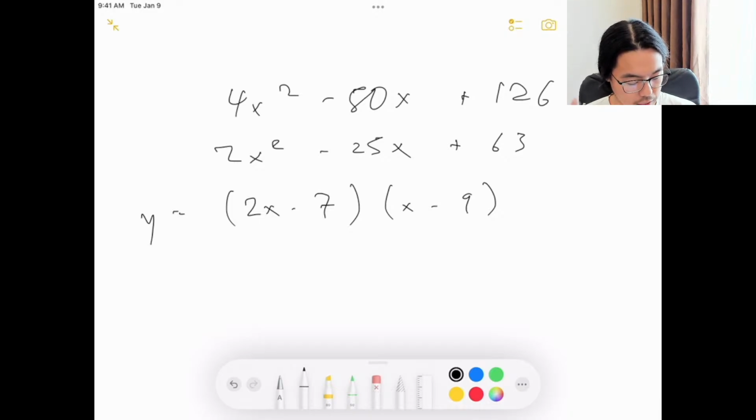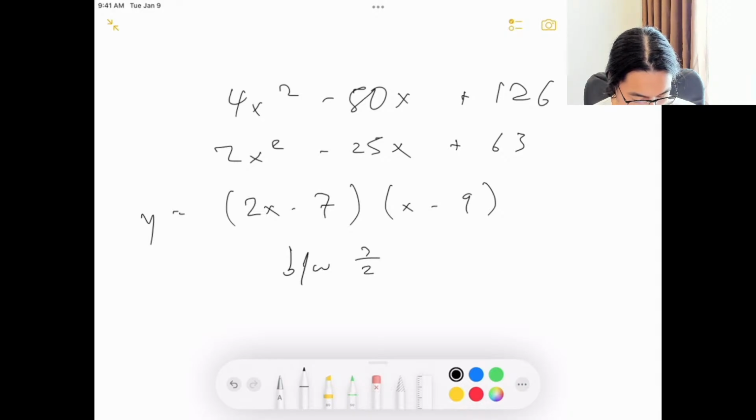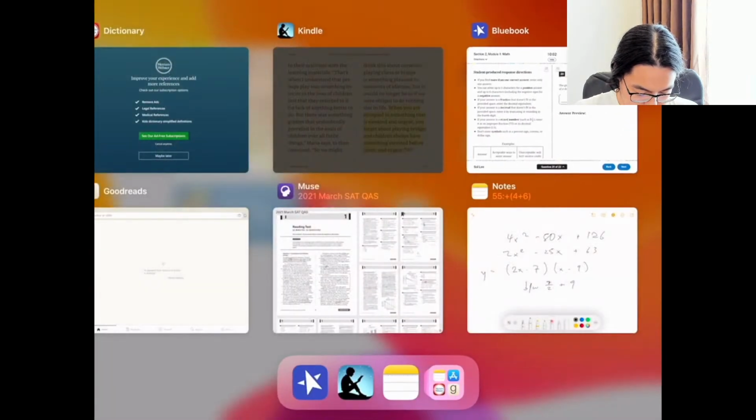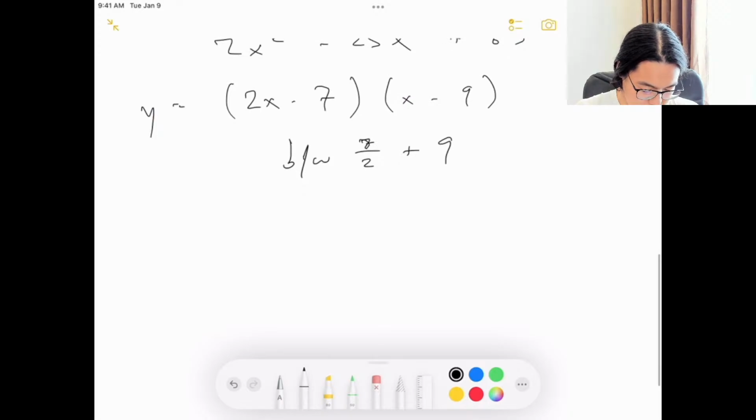This parabola aims upwards, so it's between 7 halves and 9. So now I just need to find a number that's between 7 halves and 9. But algebraically, the minimum point, how do I get the minimum point?